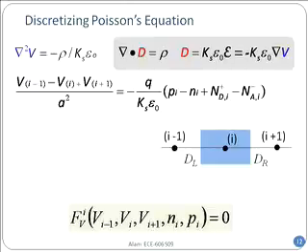In general, if you wanted to write this whole equation in terms of some compact form, you could say that the Poisson equation essentially is a function of three potentials at three neighboring node points and the carrier concentration at that node point. So this is just writing the previous equation in a compact form, essentially looking at the functional dependence. Okay, so I have one equation.